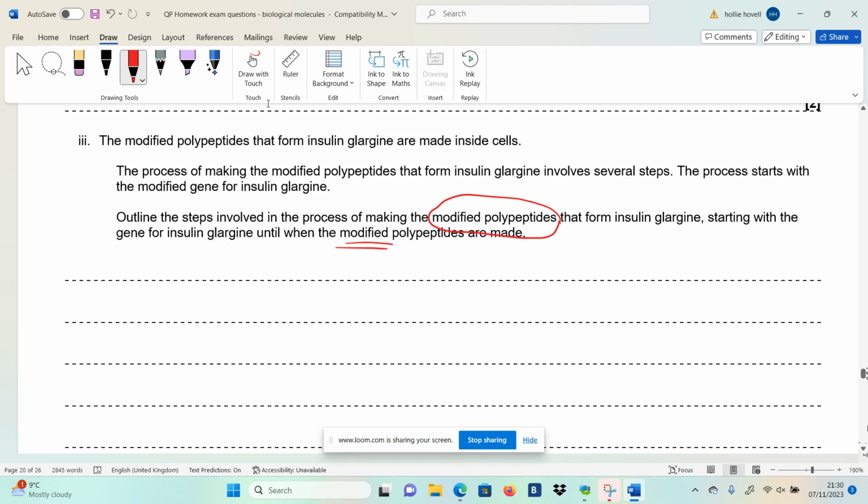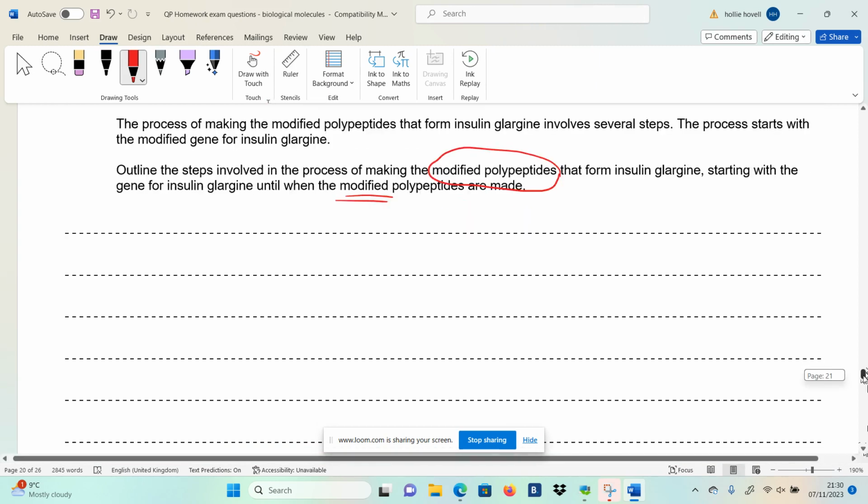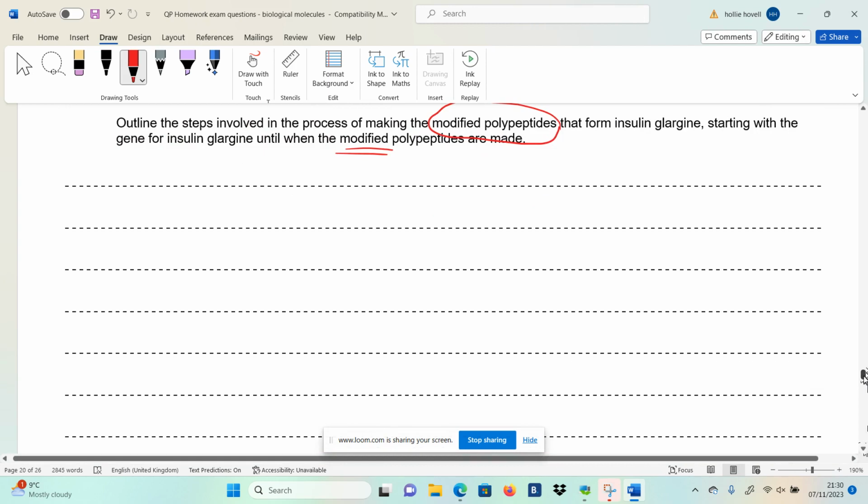It's asking you to go all the way from the DNA right through to where a protein is made. Now, you've only got 4 marks to do the whole of transcription, translation, and then modification in the Golgi. So you're not going to be expected to say every single step. We're going to just need an outline.